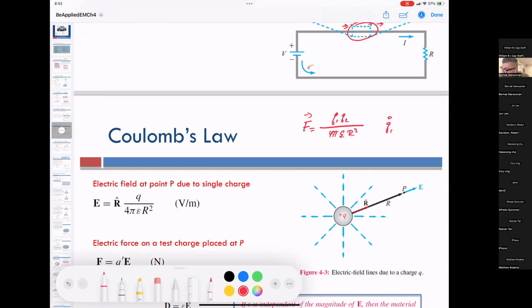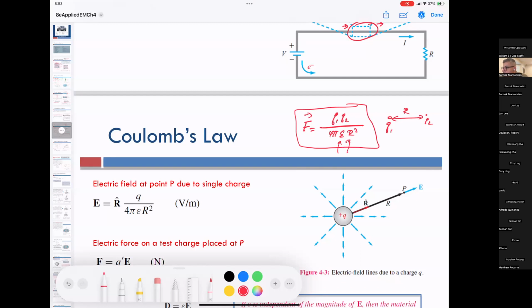If I have a charge Q1 and a charge Q2, a distance r away from each other, the force between the two is defined by multiplying the charges together, dividing by 4 pi times epsilon, which we'll see the value of in a bit, and then dividing by the distance squared.